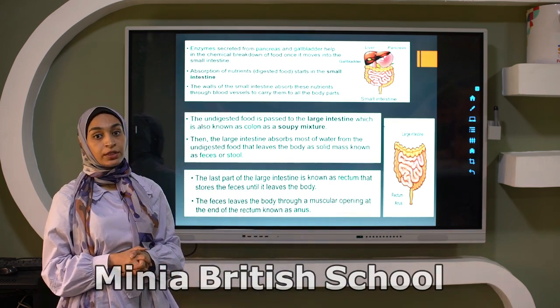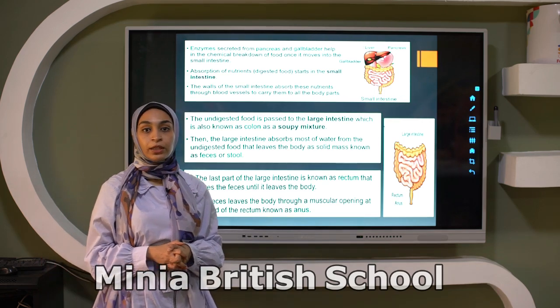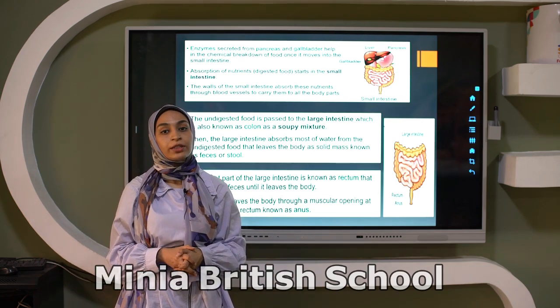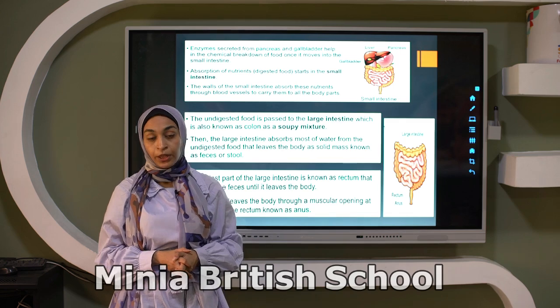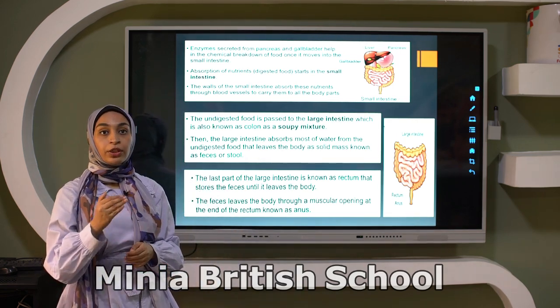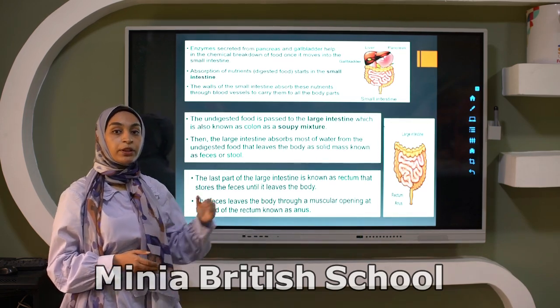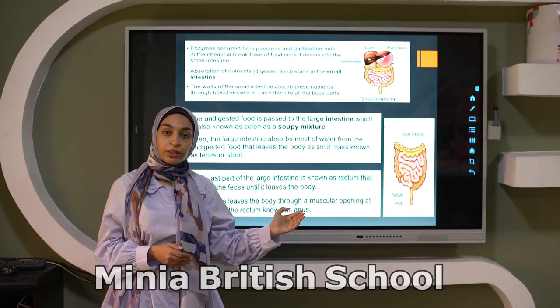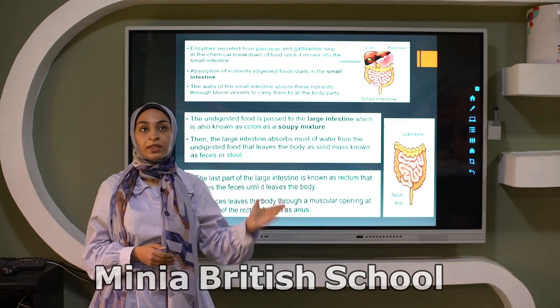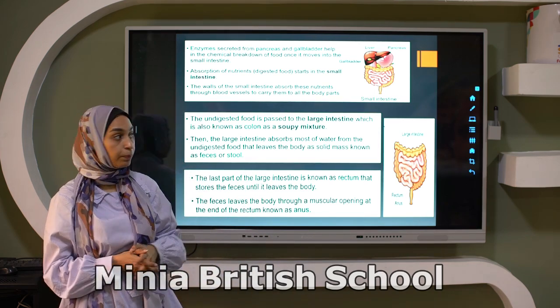So the digestive system starts from the mouth, esophagus, stomach, small intestine, large intestine, rectum and anus. The digestion process begins inside the mouth, then the stomach, and ends in the small intestine, but the large intestine, rectum and anus are the passage for the undigested food until it leaves the body.